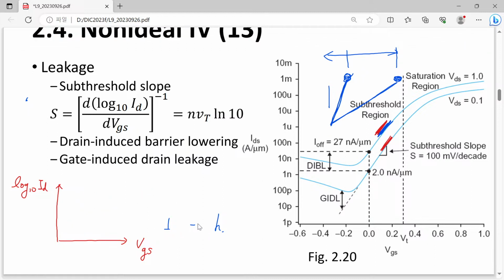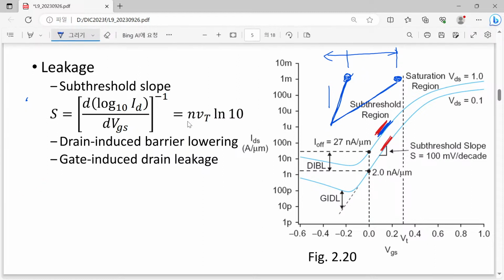However, subthreshold slope is just a function of n, and which effect determines this n value? This n value is determined by the ratio between our oxide capacitance and substrate capacitance.